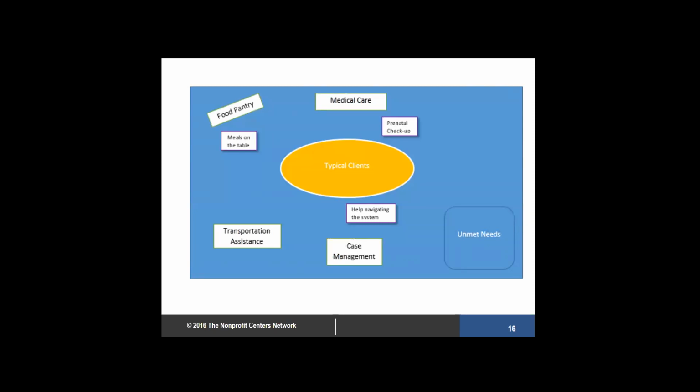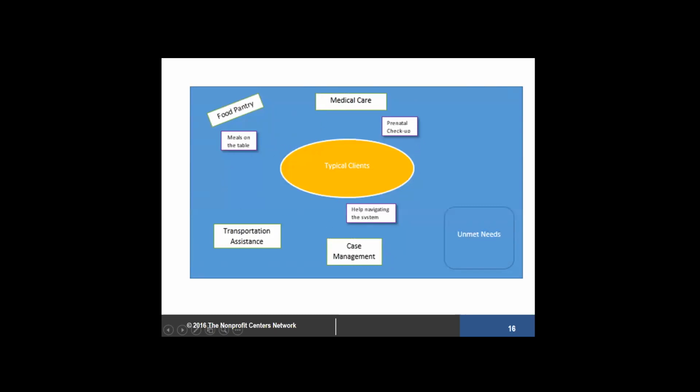We cluster the hopes in the center so you can see what those typical clients are trying to do. And you'll see a lot of similarities in human services shops about who they're trying to serve, whether it be low-income individuals, people experiencing homelessness, families, and children. There's a lot of commonality there. And then in this second ring, that's where we place the needs.